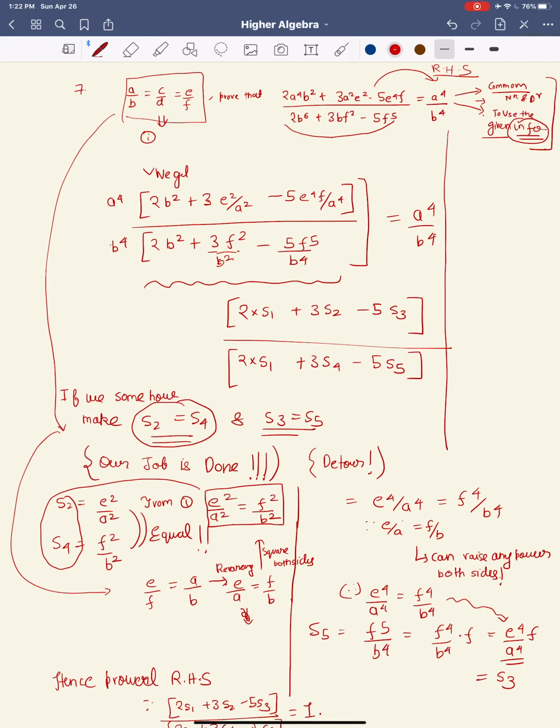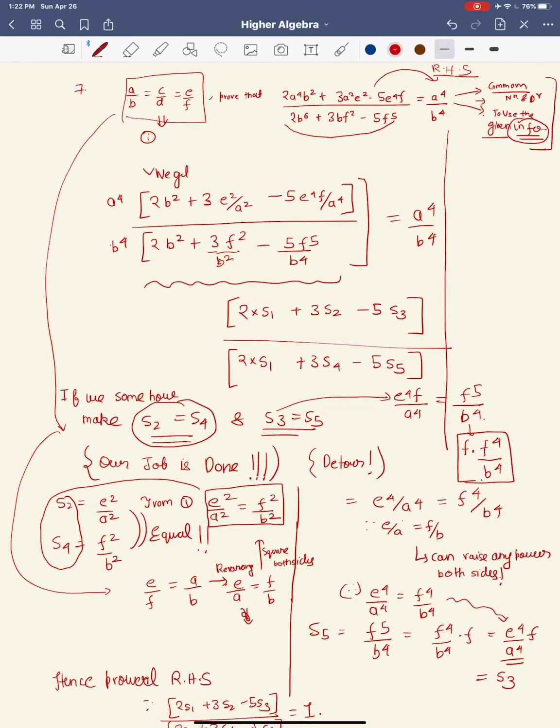Now we have to prove S3 equals S5, that is, S3 equals e to the power 4 f over a to the power 4 equals f to the power 5 over b to the power 4. How do we do this? f to the power 5 over b to the power 4 can be written as f times f to the power 4 over b to the power 4.